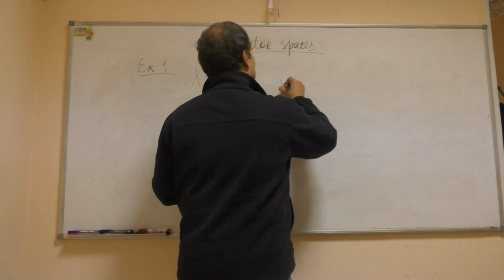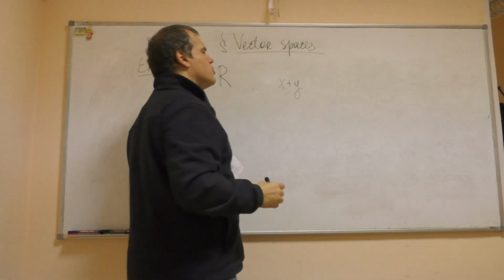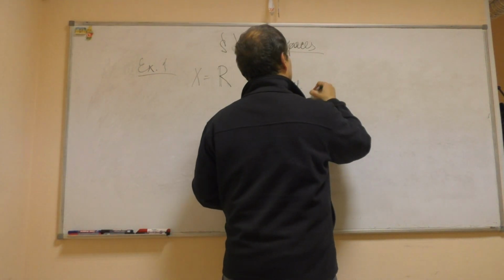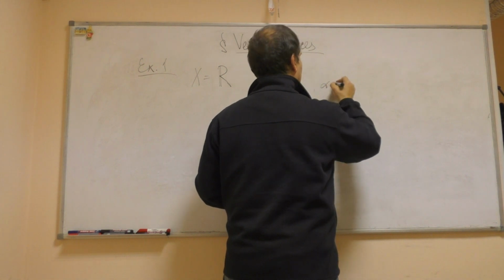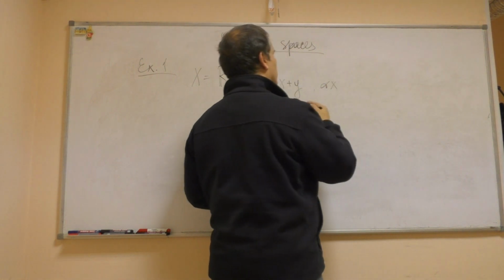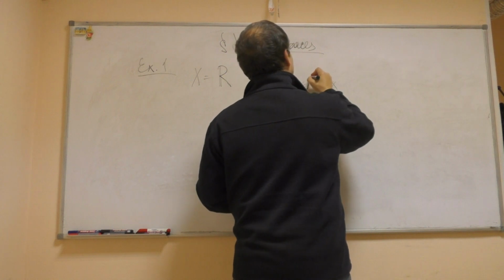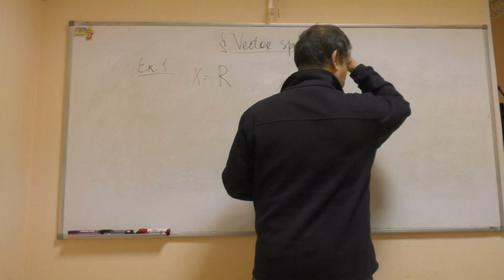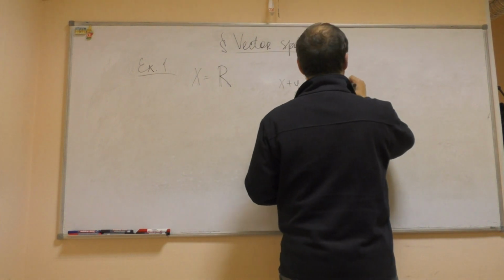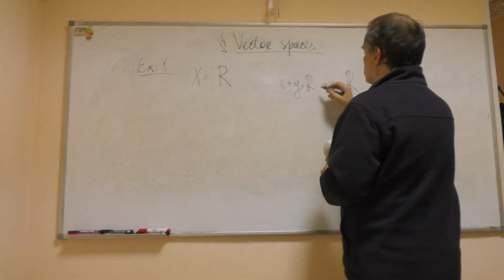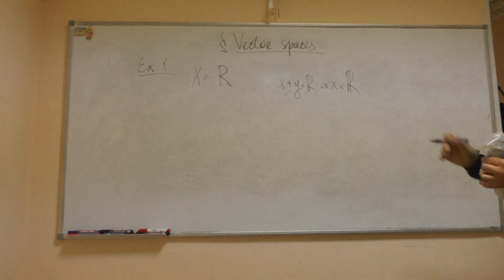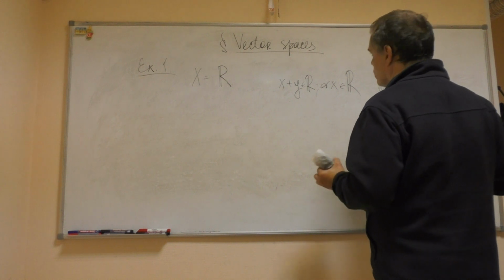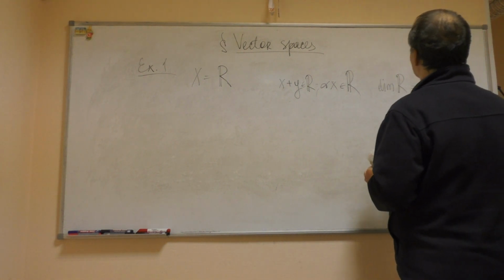So x plus y is just the numerical sum, and the same for alpha x. In this case, the dimension of the obtained vector space is equal to 1.